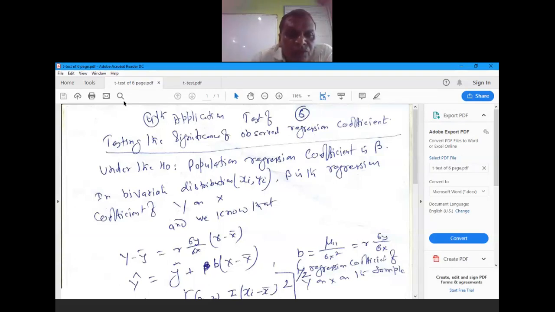So under H0 you may write population regression coefficient is beta. Remember it: beta is the population regression coefficient, and a small b is the sample regression coefficient.